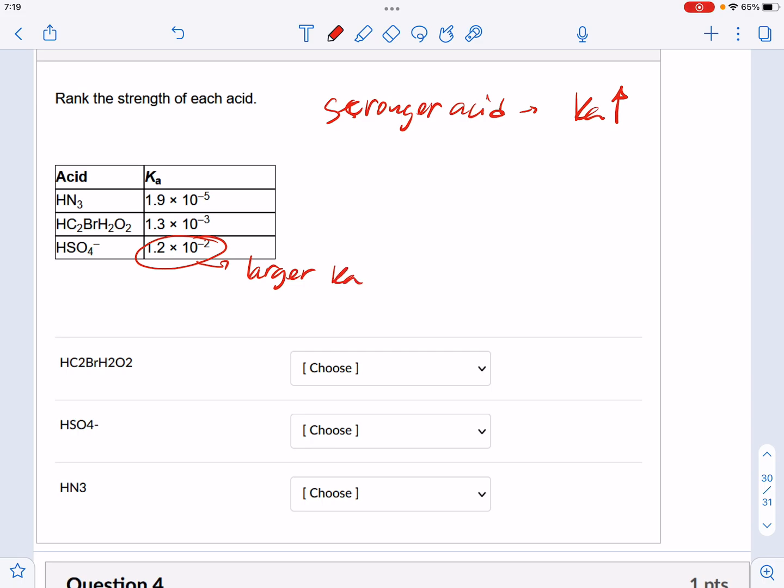Therefore, I can't remember what the options there were here, but this will be the strongest. This one over here is the smallest Ka, therefore HNO3 will be the weakest, and this will be the intermediate.